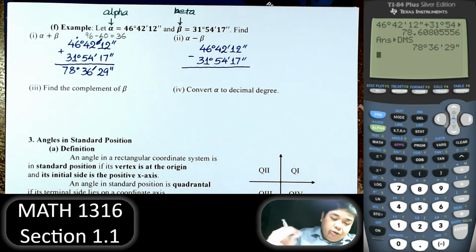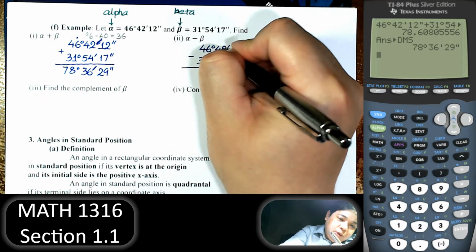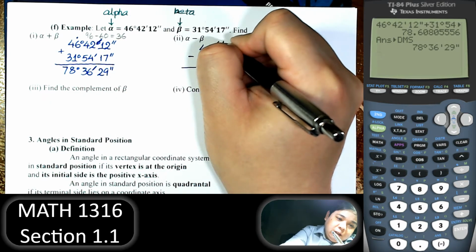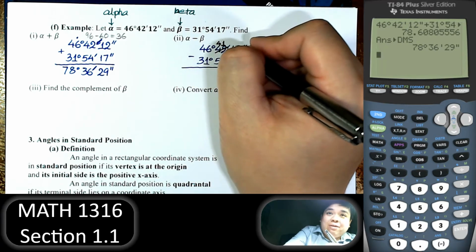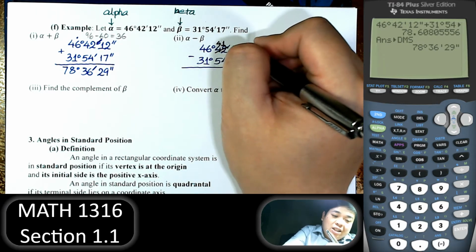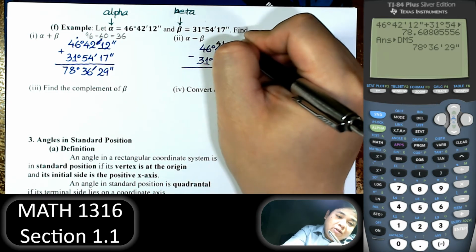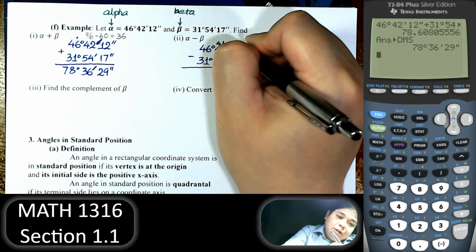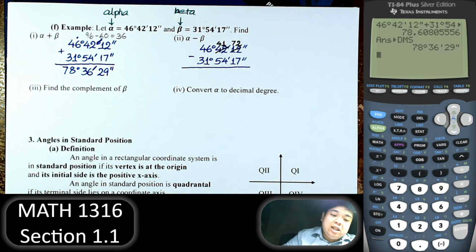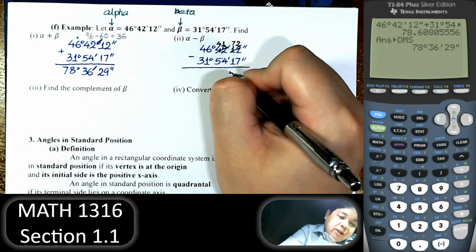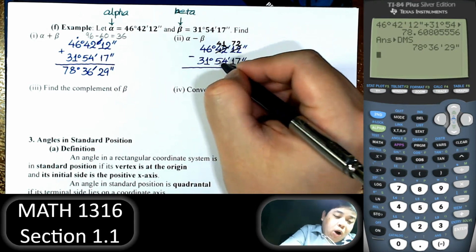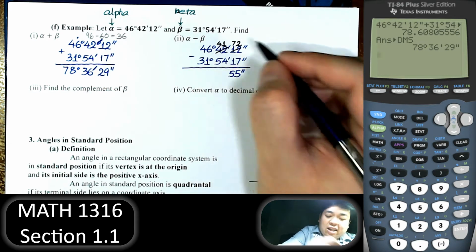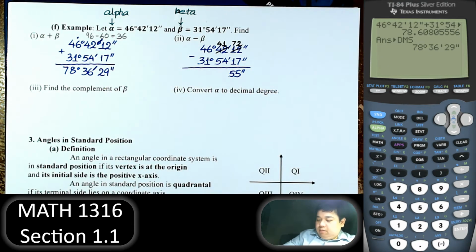So to carry 1 over, this is no longer 42, it's going to be 41. And when we carry over, 1 minute is 60 seconds, so we add that to this, and that makes it 72. Now 72 minus 17 is 55 seconds. And then we have 41 minus 54. Again, 41 is less than 54, so we have to carry something over.